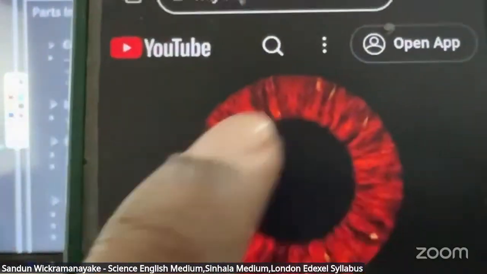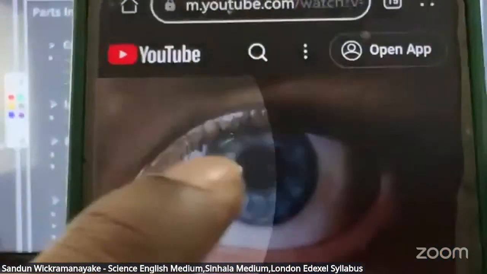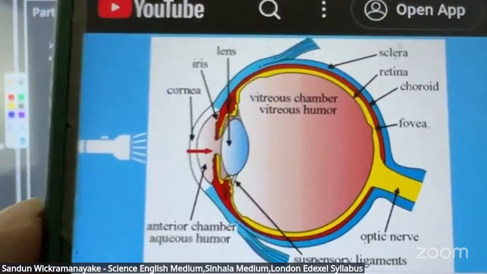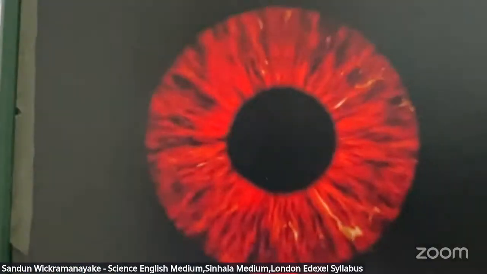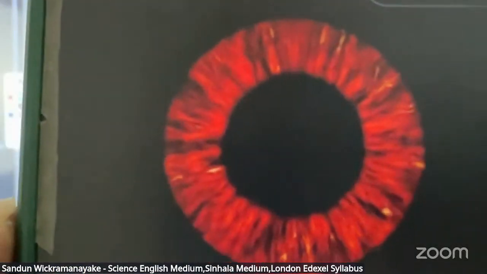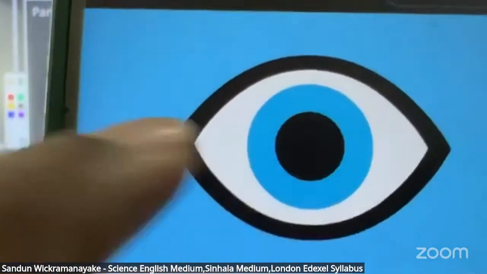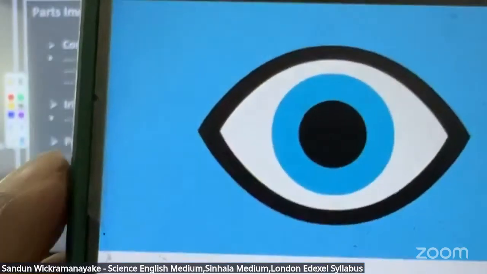This is the iris. Look at this, the iris can change the size of the pupil. Look at that, the pupil goes like this. This is the iris, the blue color thing.